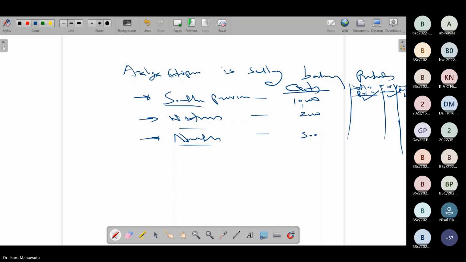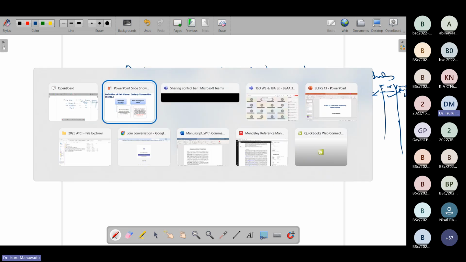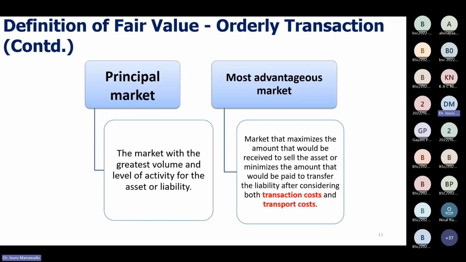Southern province, yes. That is determined based on what? Quantity. Remember, the principal market is identified based on the quantity, the market which has the highest quantity. හරිද? Market with the greatest volume and the level of activity for the asset or liability. Principal market එක determine කරන්නේ volume එකෙන්.